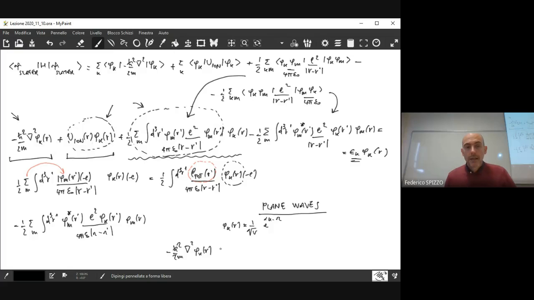Then we may neglect the interaction with the ions and the interaction with the electrons, because they are expected to give us the same contribution, and we may just keep minus the exchange term, so the summation over m of d3r prime phi m r prime e squared over r minus r prime phi k r prime phi m of r. So to evaluate the energy corresponding to this level k, let's say.